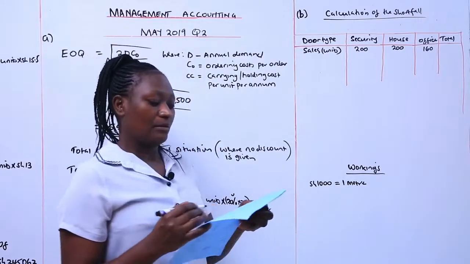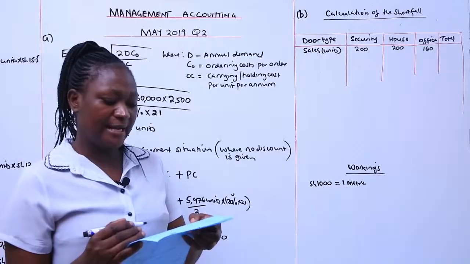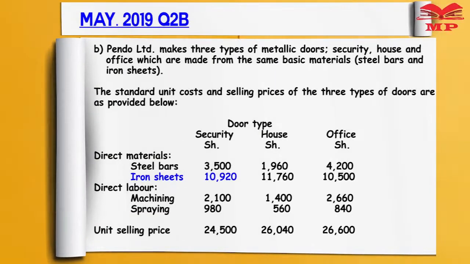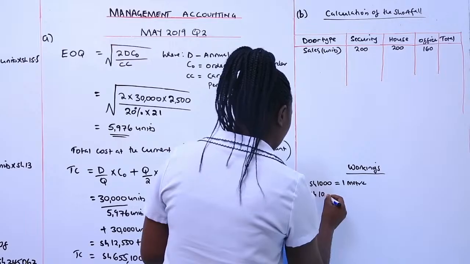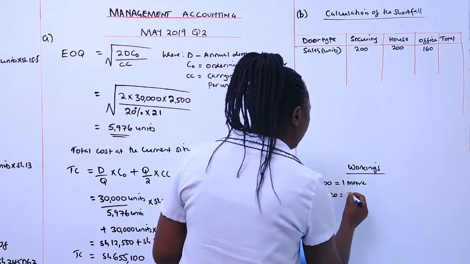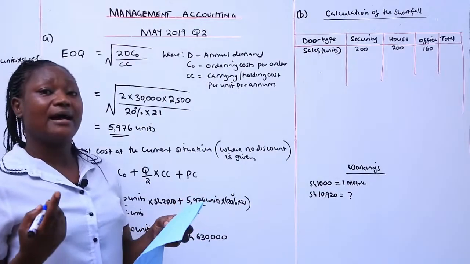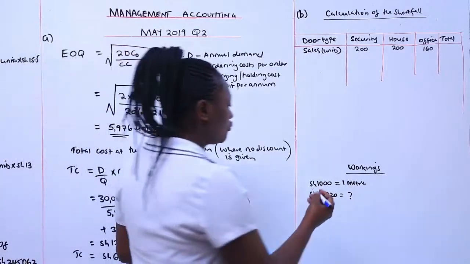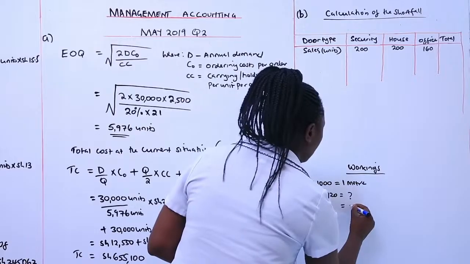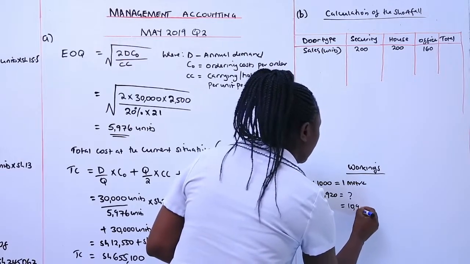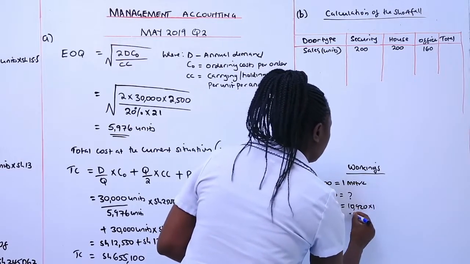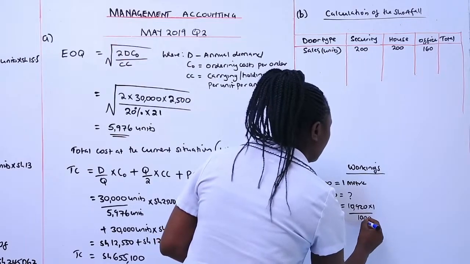and when you look at security under direct materials, iron sheets cost 10,920. So how many meters were used in the production of 1 unit of this security door? To calculate that, we are simply taking 10,920 times 1 meter, and we divide that by 1,000.